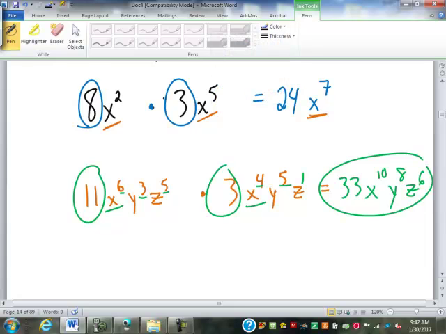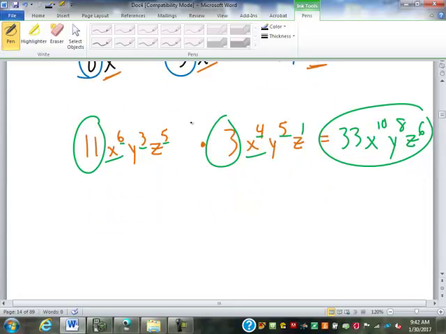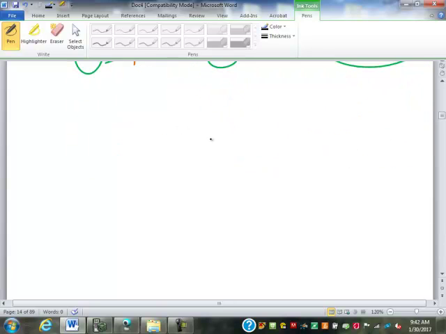Okay, so we can combine those simple one-digit algebraic numbers with multiplication by combining powers. Well, what happens if we have a single-digit number times a multiple-digit number, like this?